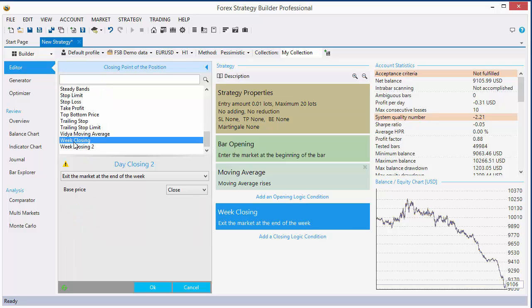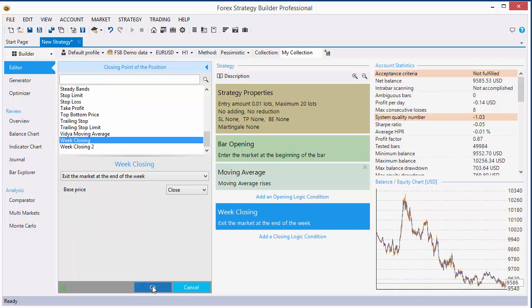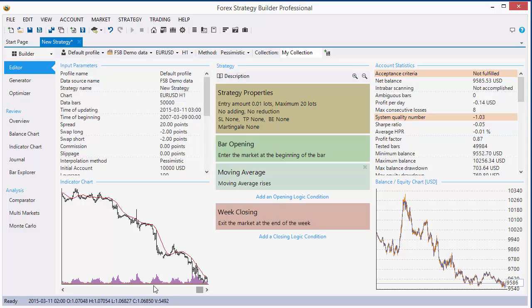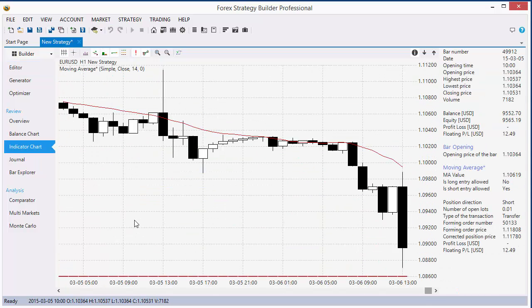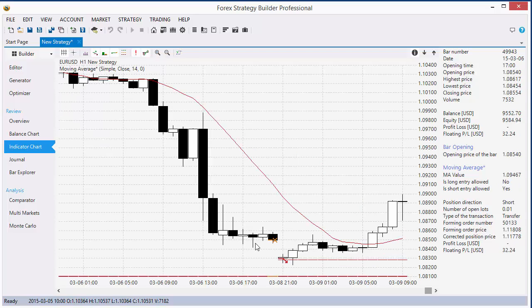We have the Week Closing indicator. This indicator closes the position at the end of the week, on Friday evening, at the last bar. Here we have the 6th of March 2000. Okay, here we see the date and time, and here is Friday, the 8th of March.